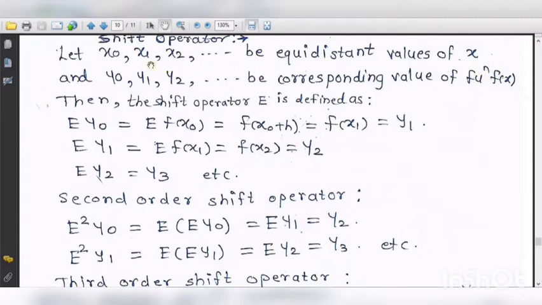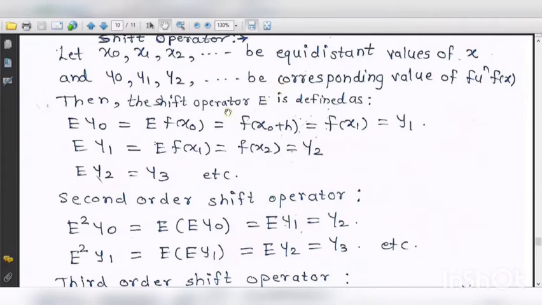If h is the increment, then x1 is x0 plus h, x2 is x1 plus h and so on. And y0, y1, y2 etc. are the corresponding values of the function y equal to f(x) at x0, x1, x2 respectively.